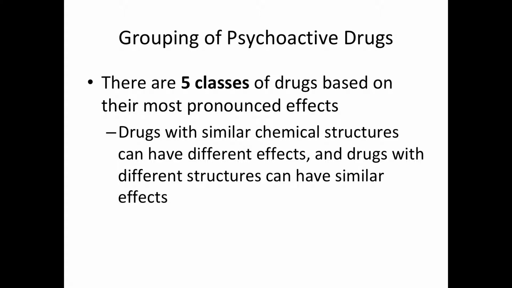We can roughly group the drugs into 5 groups based on their most pronounced behavioral and psychoactive effects. Each of the 5 groups may contain from a few to many thousands of different chemicals in its subcategories. Most psychoactive drugs have at least 3 names: a chemical name, a generic name, and a brand name.